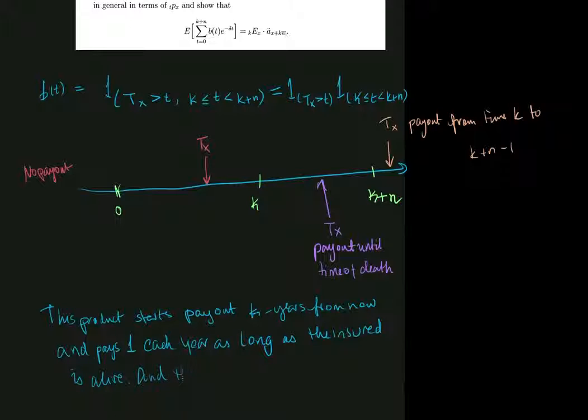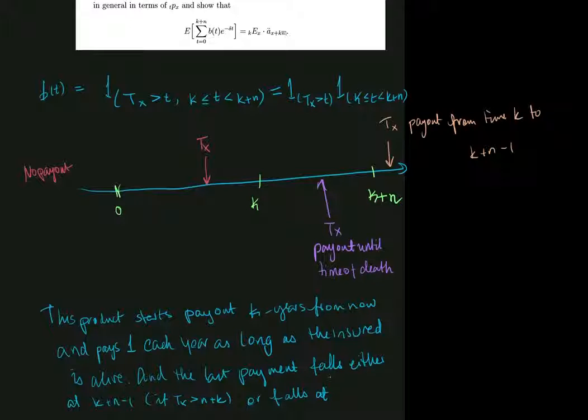And the last payment falls either at time k plus n minus 1 if the insured dies after expiry, so if T_x is greater than n plus k, or the last payment falls at the beginning of the year right before death.